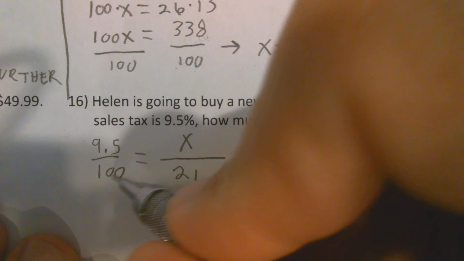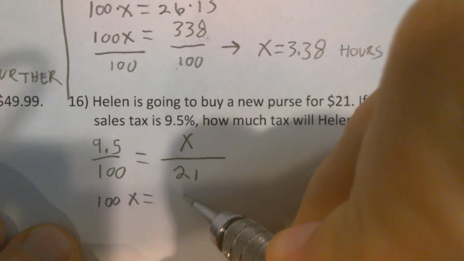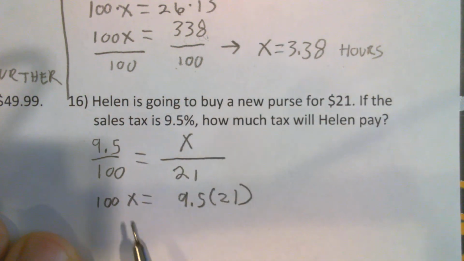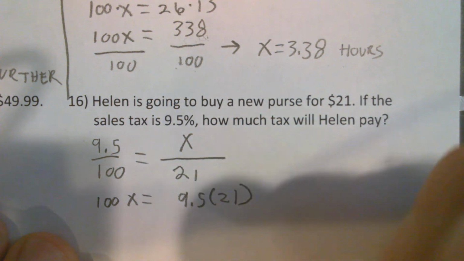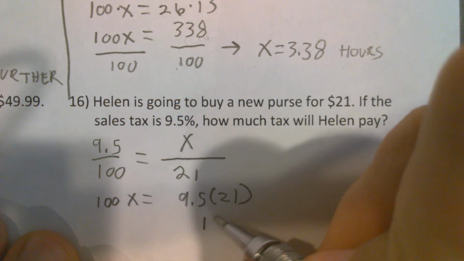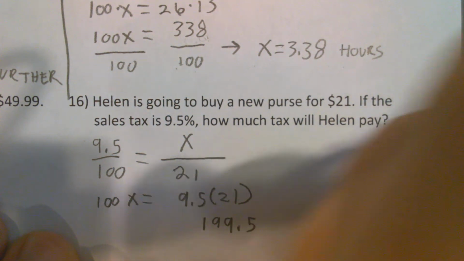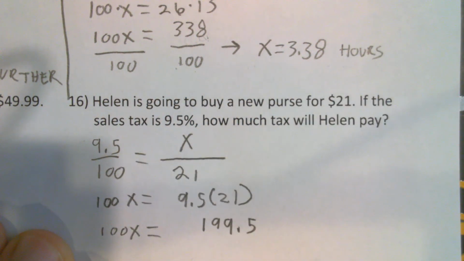Cross multiply. So 100x equals 9.5 times 21. 9.5 times 21 is 199.5. 100x carries down.